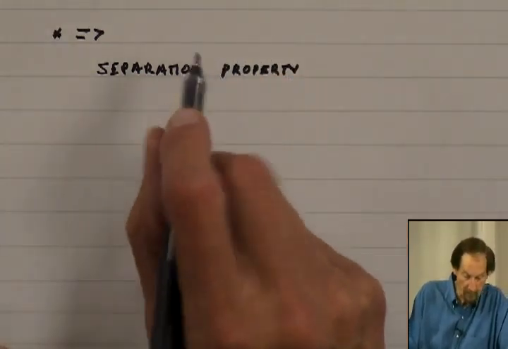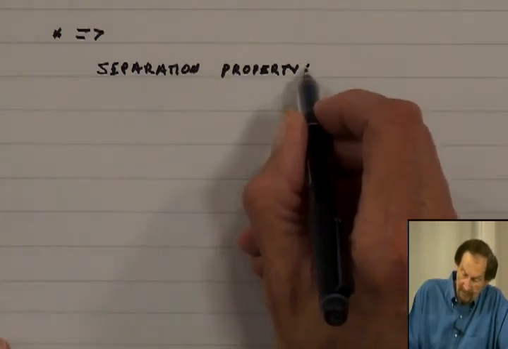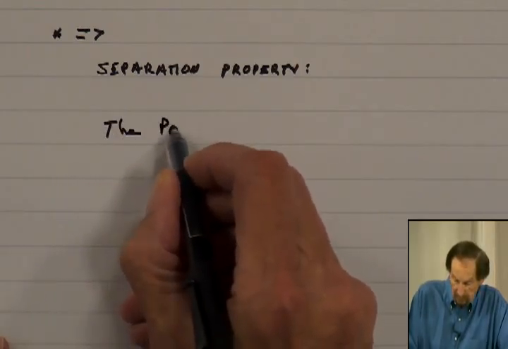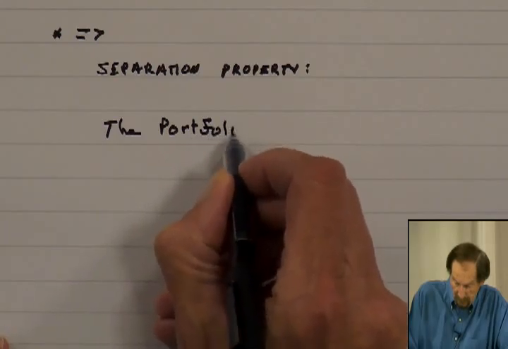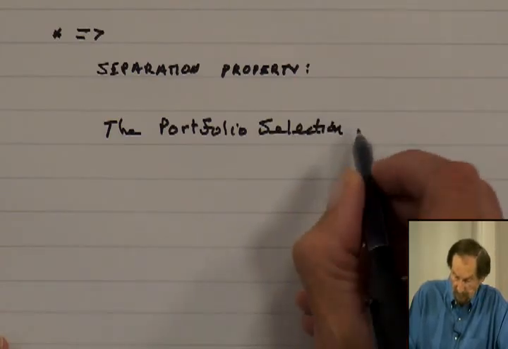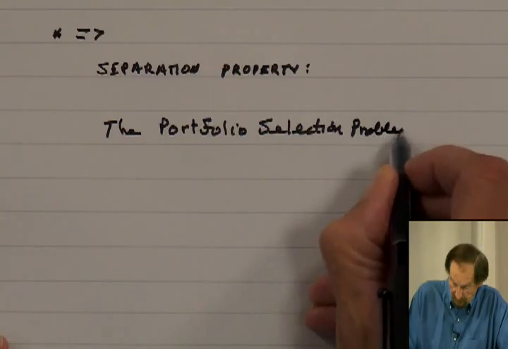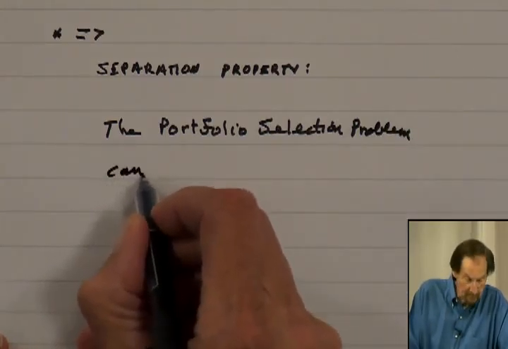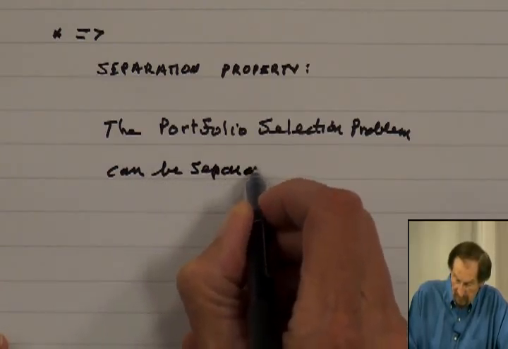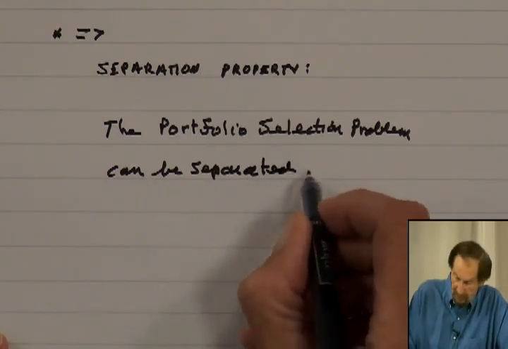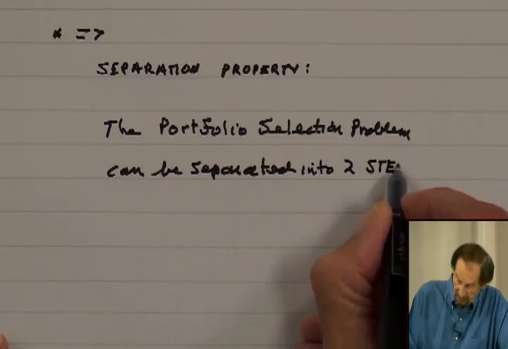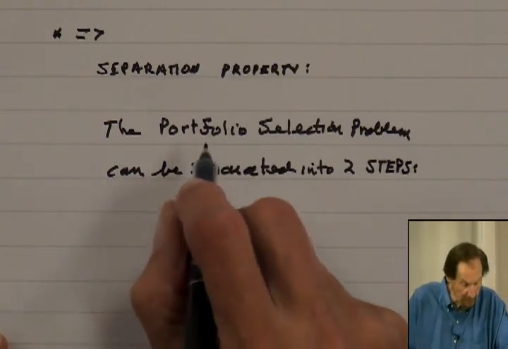This says that the portfolio selection problem can be separated into two steps. And these two steps are the following.